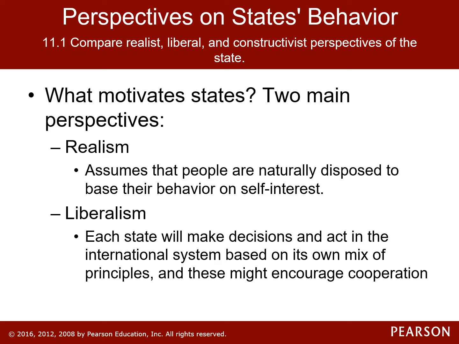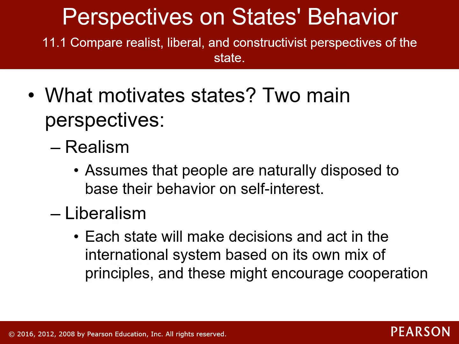It says that countries, just like people, are naturally disposed to do dealings based on their own self-interest. So foreign relations, dealing with other countries, in a sense, is all about self-interest. You're dealing with countries because it benefits you or your people primarily. Everything else is secondary.